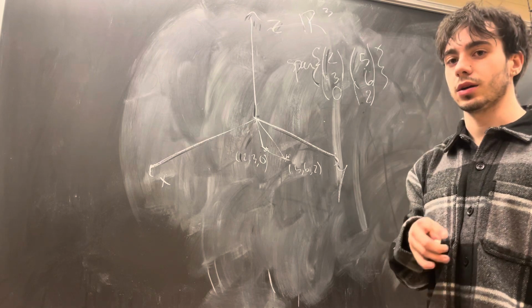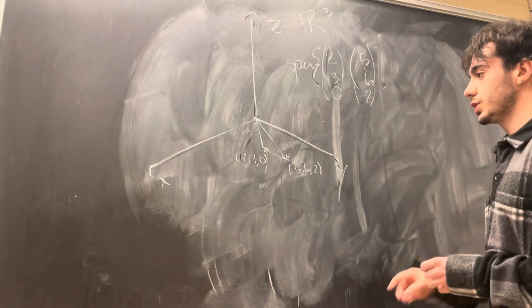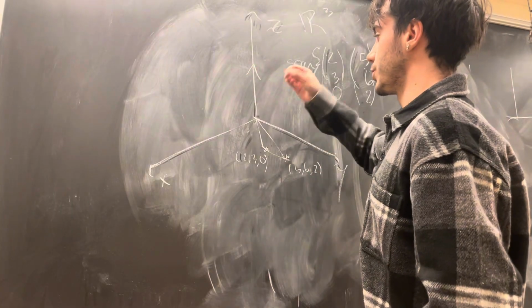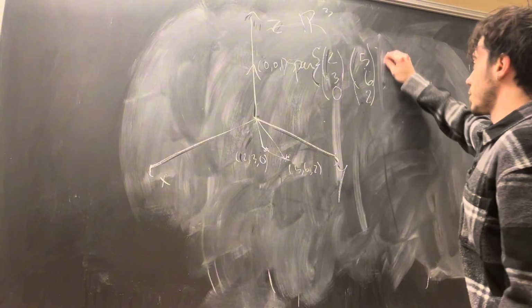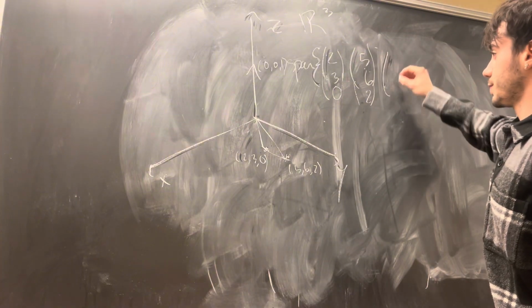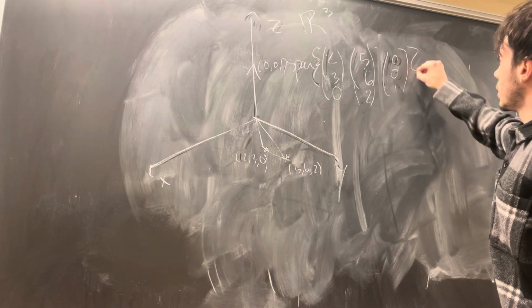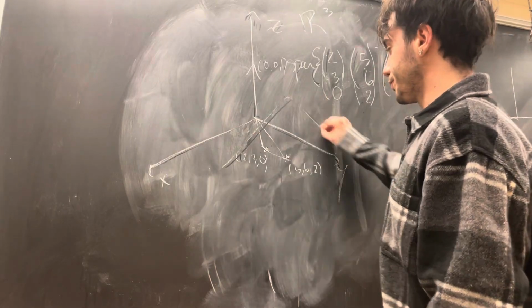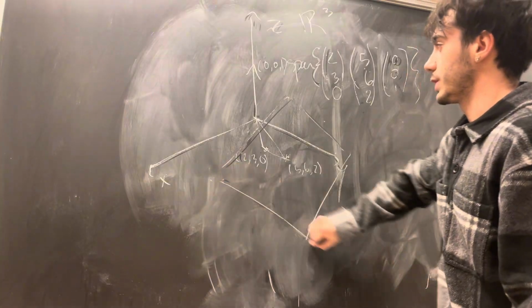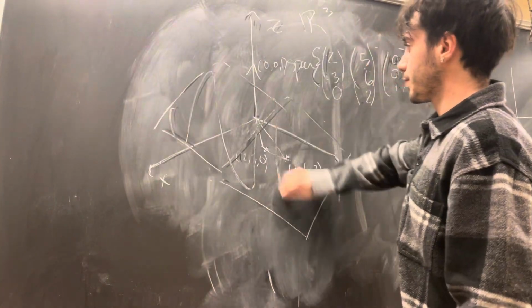Now what if we add a third vector, 0, 0, 1? Span of these 3 vectors. Now imagine that we have this plane that we have created. That's not very good, but this is some plane.